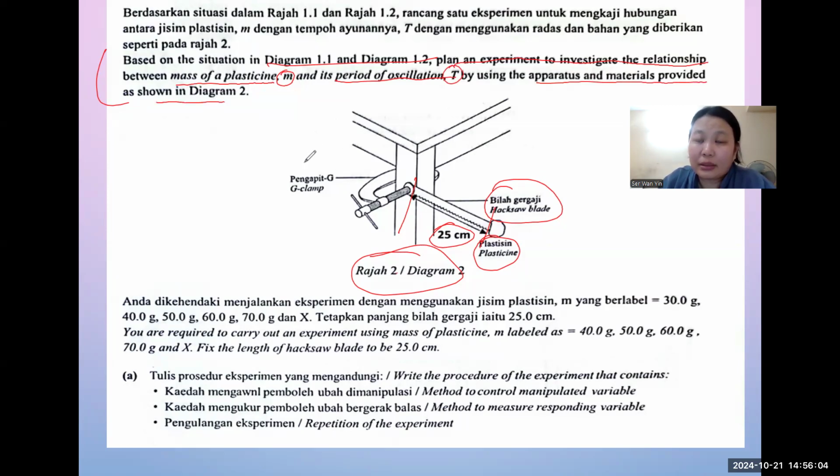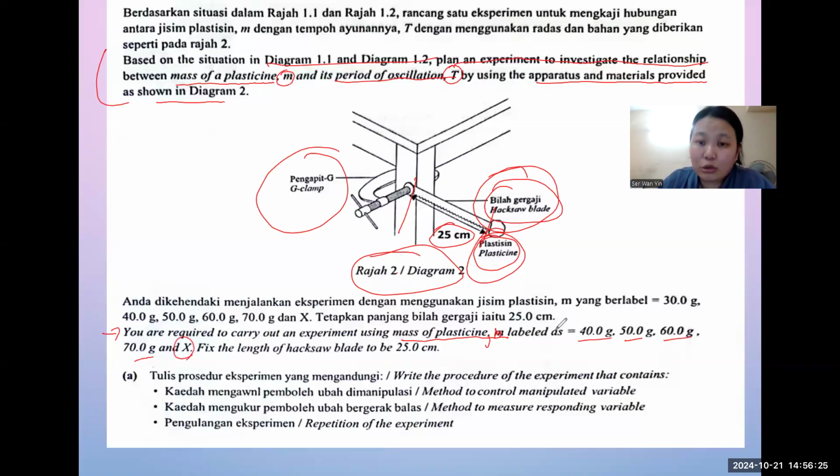So your apparatus must have this. Then you are required to carry out an experiment using mass of plasticine M labelled as 40, 50, 60, 70, and X.